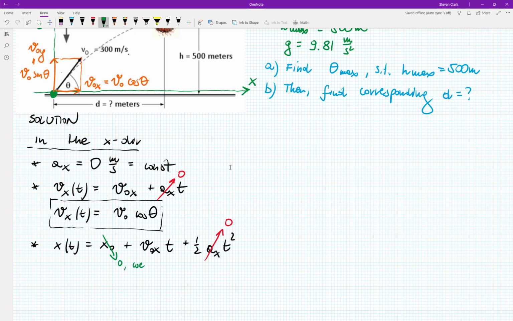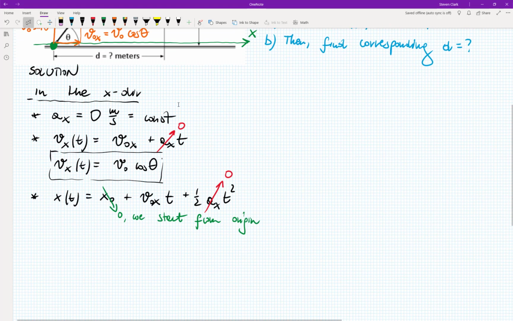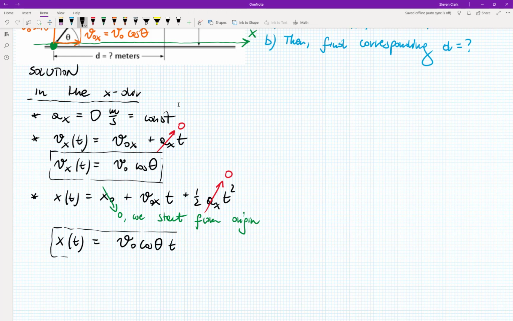We start from origin, yes? All right, so let me fill out that quickly. Okay, we are done with expressions for x. I think I didn't make any mistake, yes?